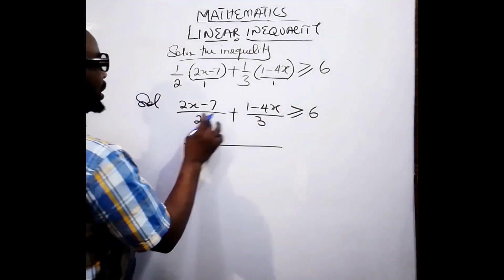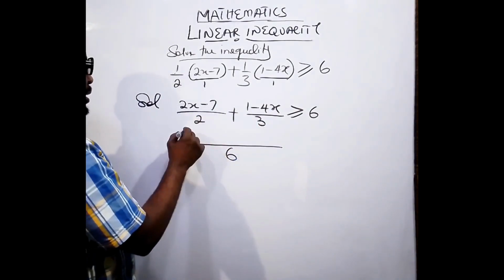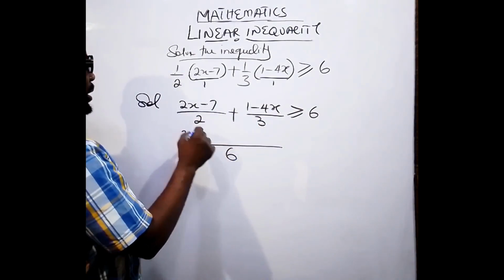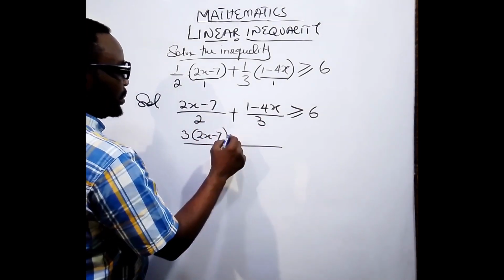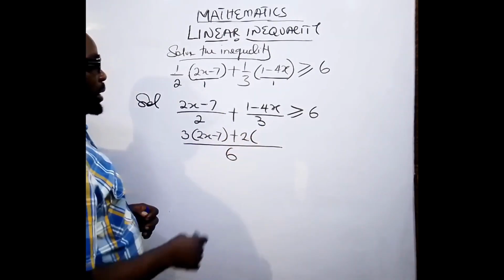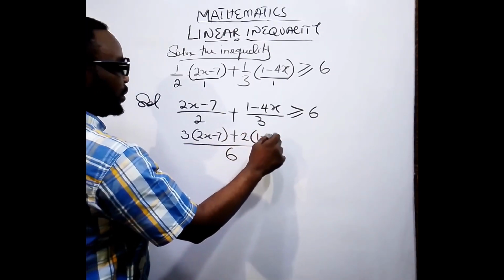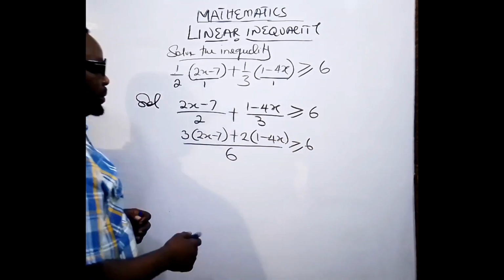So what is the LCM of 2 and 3? That is 6. 2 in 6 is 3 into bracket 2x minus 7. Then plus 3 in 6, that's 2, into bracket 1 minus 4x greater than or equal to 6.